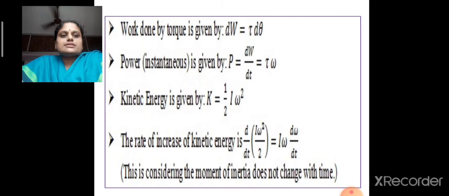So we can equate I omega alpha is equivalent to tau omega. Cancelling omega on both sides, we get tau is equivalent to I alpha. This is analogous to the equation F is equivalent to ma in linear motion.